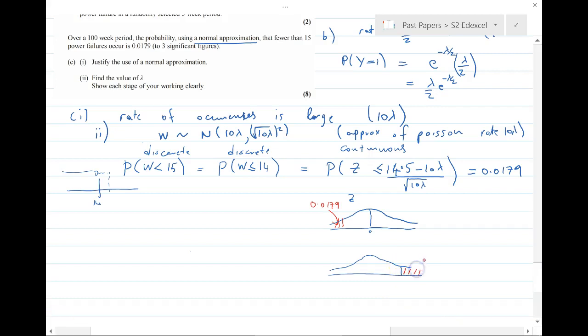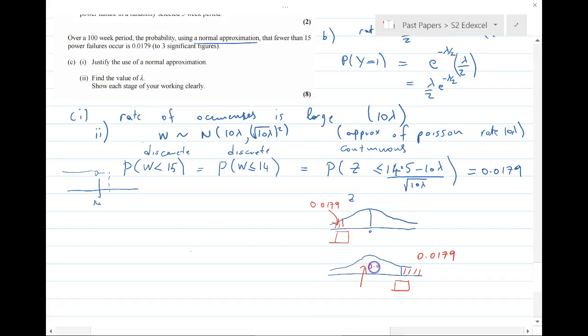So this is 0.0179 here. We want to find the number that corresponds to this, and the negative of that will be the number that we're going to use for the standardizing expression we've got here. So let's go to the tables now. But before we do that, what we need to do is check what this number is. It's 1 minus 0.0179.